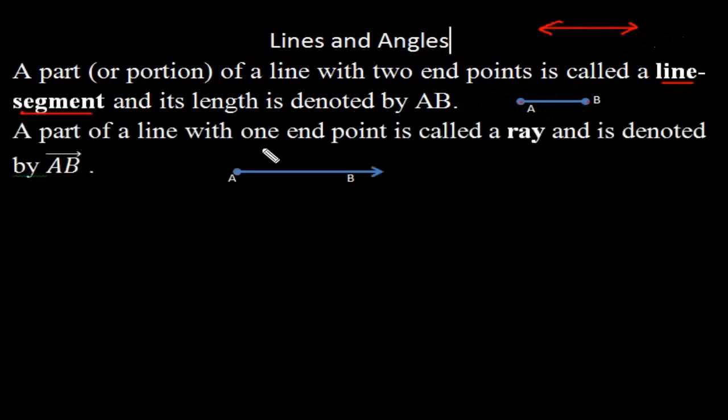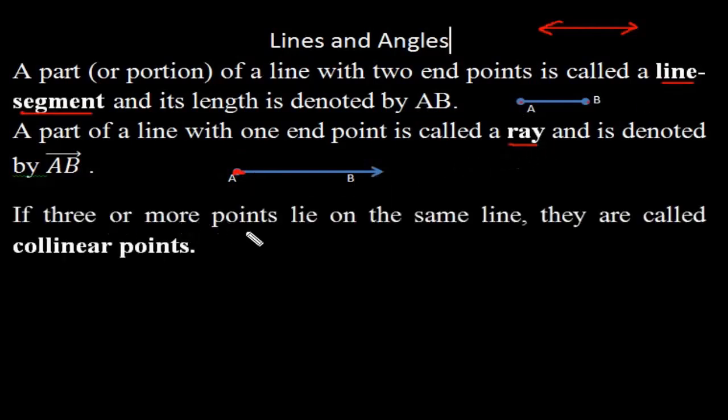A part of a line with one endpoint is called a ray and is denoted by AB. Above AB we put an arrow mark. This indicates that it's a ray. That is, there is one endpoint, and at the other end there is an arrow mark. There is no endpoint on the other end. That is called a ray.